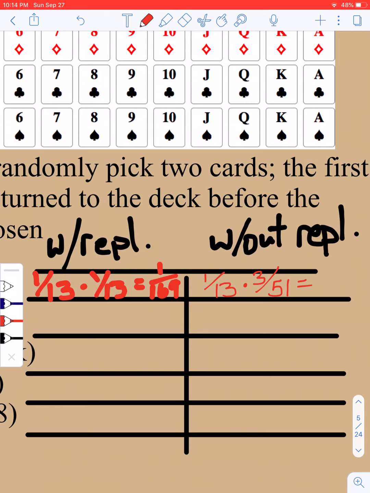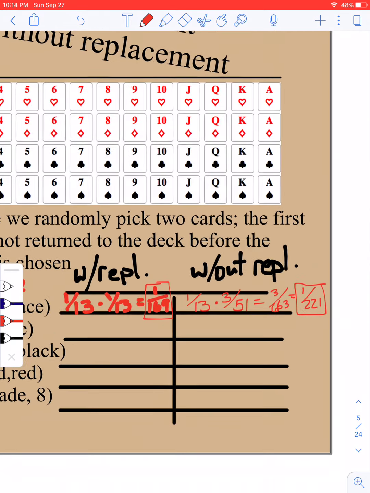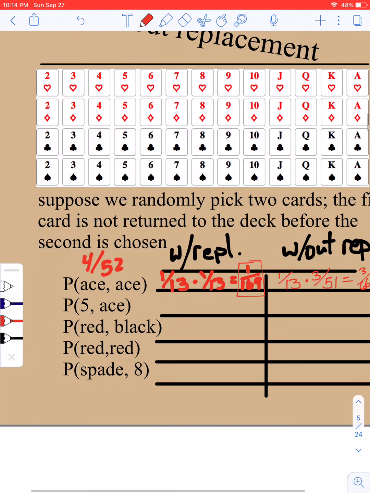So now we would take 1 times 3, I get 3, and 13 times 51 my calculator says is 663. And that's going to reduce down to 1 out of 221. So it's harder, I should say, with replacement than it is without.